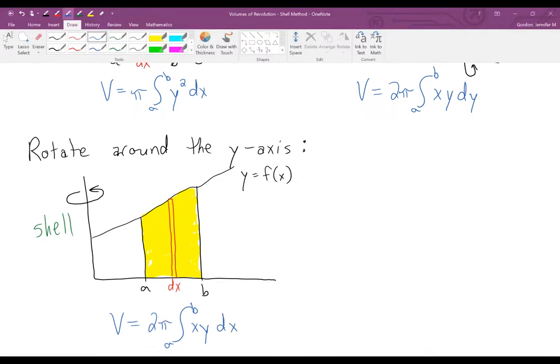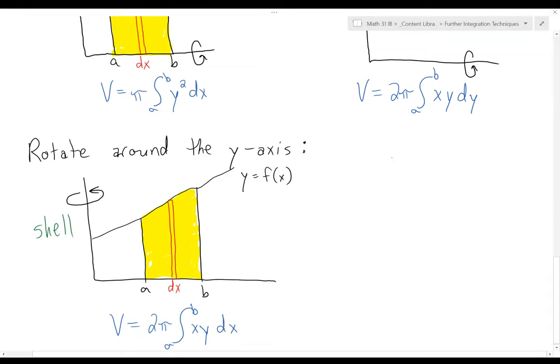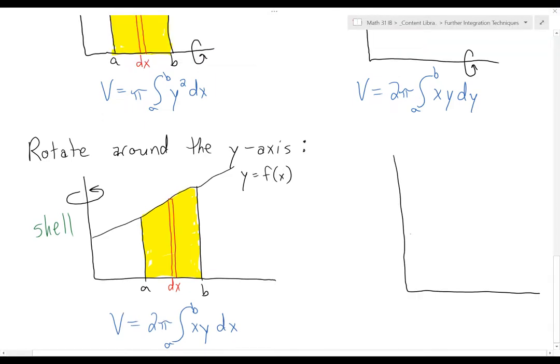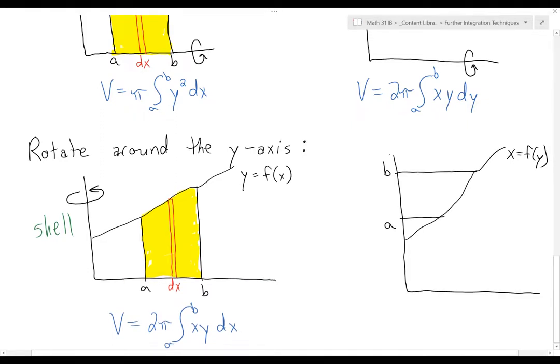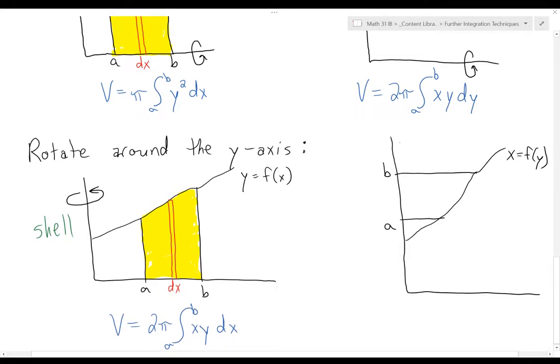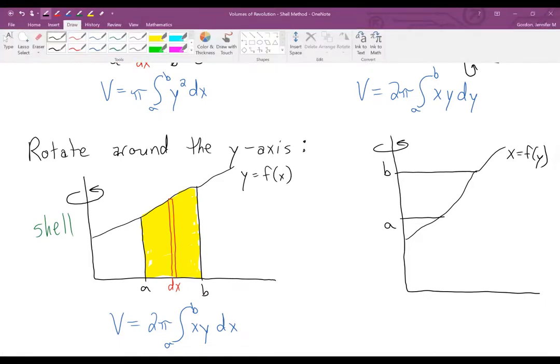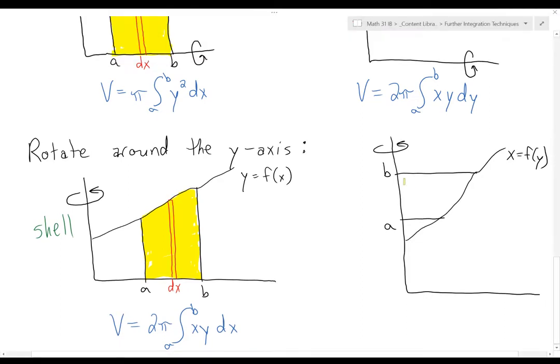And the final situation, again rotating around the y-axis, but in this case where I can define x as a function of y, and the region is on the y-axis. So I'm rotating around the same axis that my region is defined on. So here's the region.